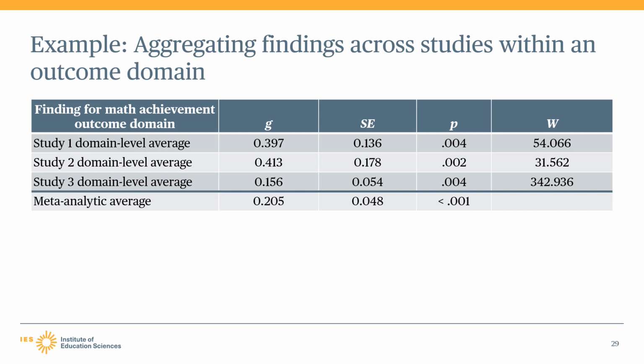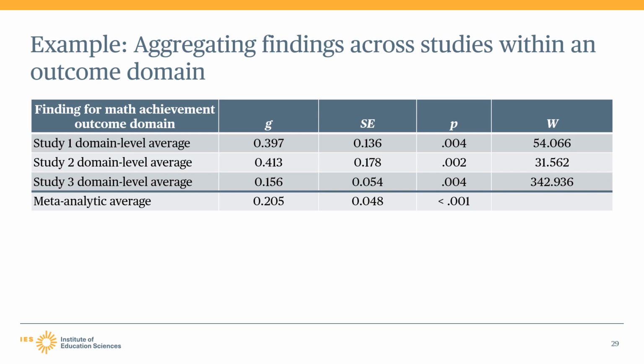These 3 studies all reported findings for outcomes in the math achievement domain. This table shows the domain-level effect size and standard error for each study. For instance, the first study had a domain-level effect of 0.397, the second study was 0.413, and the third study was 0.156.